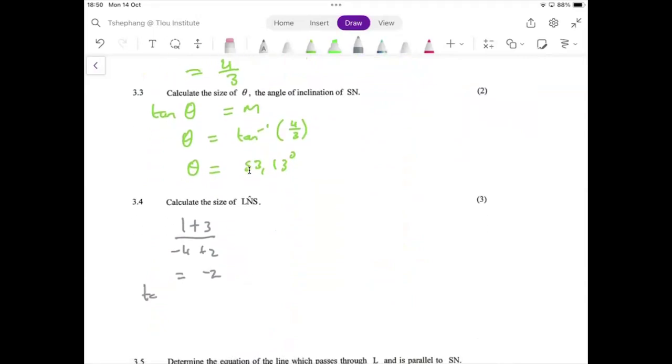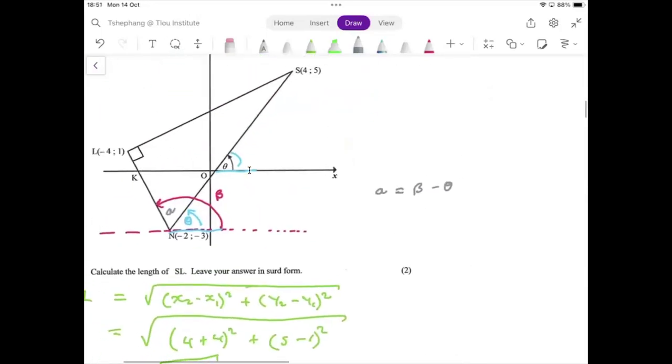Now, we know that tan of beta is equal to minus 2, so beta is equal to, you're going to get a negative, and then we make it positive, so we should be getting 116,57. That is for beta.